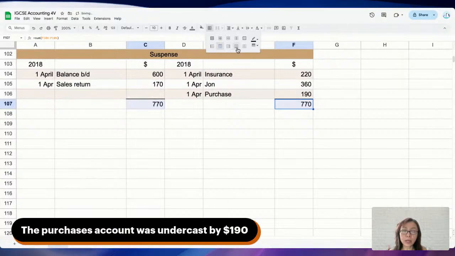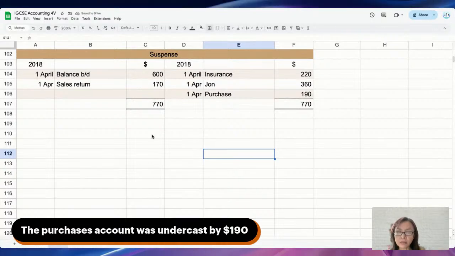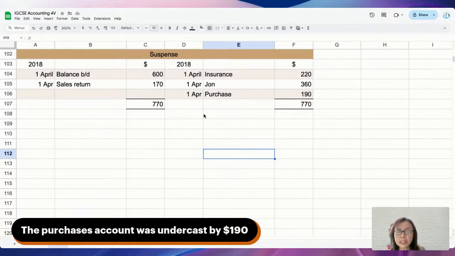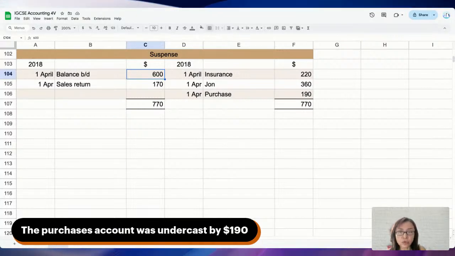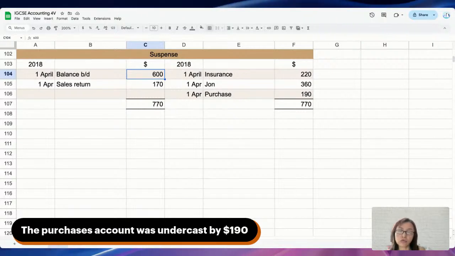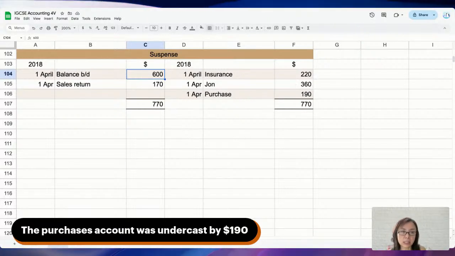So we are happy. In other words, at the end of the day, once we get this conclusion, it actually means that all the errors that earlier totaled 600 are all solved. So this is how we know that all is solved. That means your problem is 100% all correct already. Your trial balance should be all correct. So you're happy right now. You can move on. Okay, that's all for this video. Thank you.